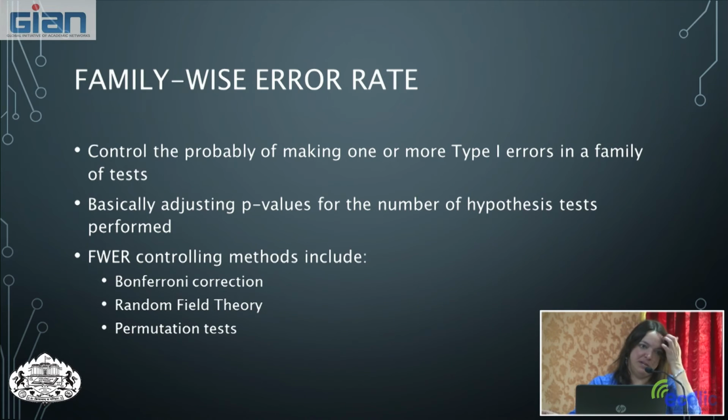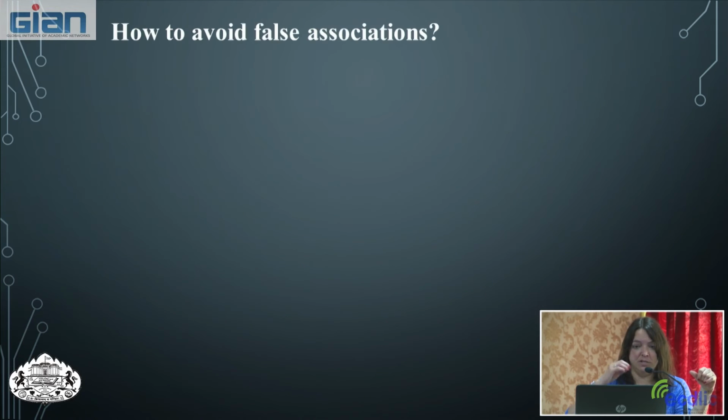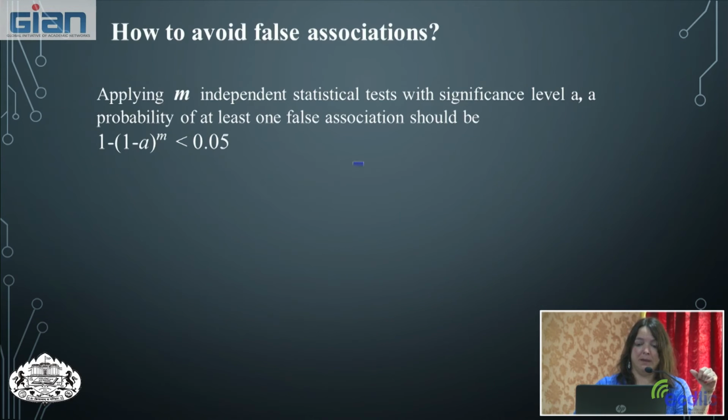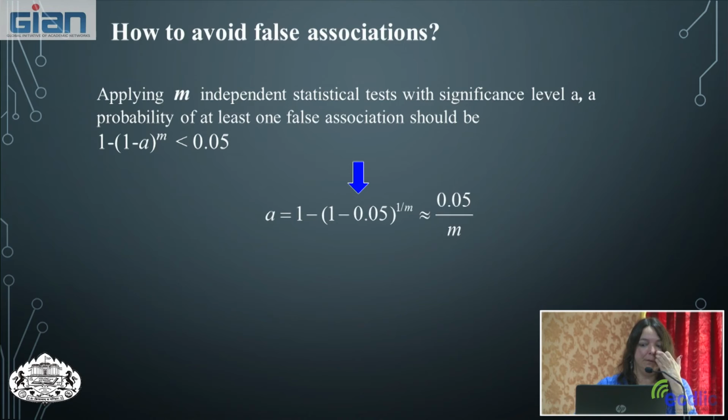So we take this p-value and adjust it based on how many t-tests we're doing. There are different methods to control this family-wise error, including Bonferroni correction, random field theory, and permutation tests.